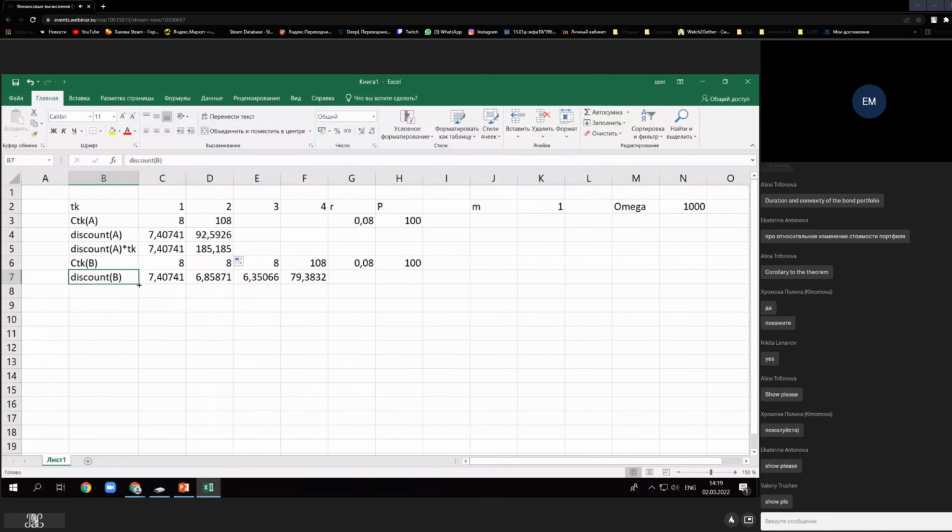In this case, you should do the same step. You should multiply it by tk.